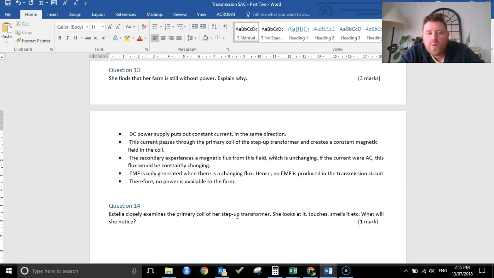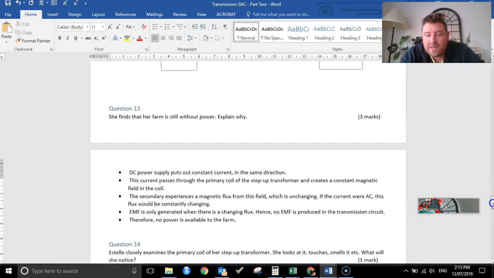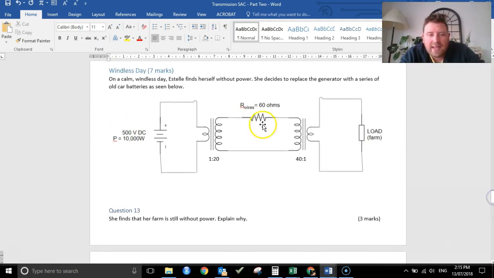So what's happening in an ideal transformer, when we're using AC and everything's running correctly, is that all the energy that's getting produced by this generator over here passes through here, and all that energy gets passed across from one side of the primary coil to the secondary coil and then goes into the transmission circuit.